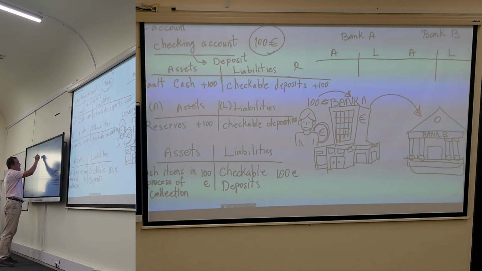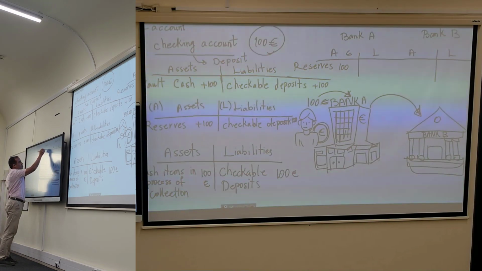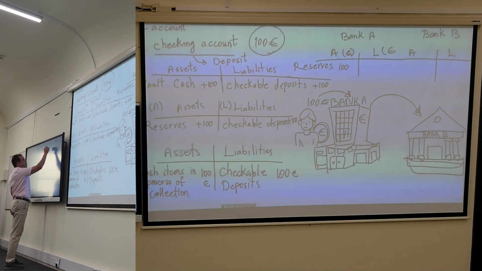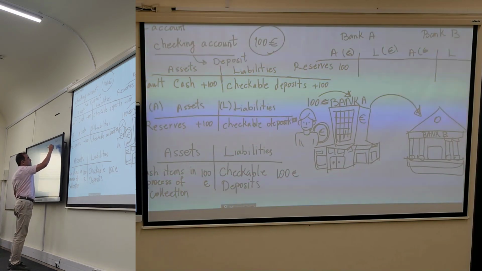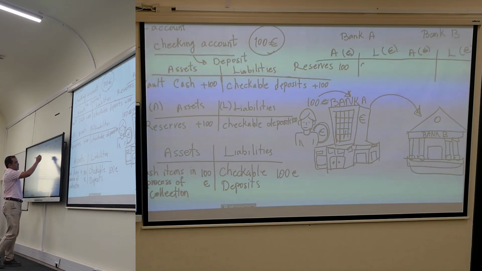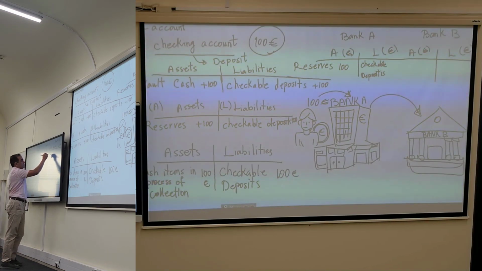So for bank A, as we said here, we have the reserves, 100 currency units, and the checkable deposits as 100.